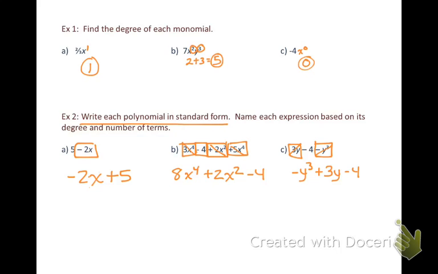Now we're going to name it based on the degree. So first of all, we're going to look at the exponent. Well, the exponent is 1, that's my highest. And if we look at the naming of a degree with 1, that would be linear.